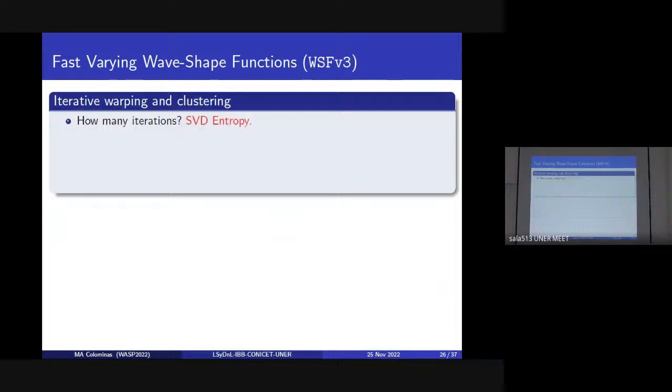The SVD entropy is just the classical Shannon entropy formula applied to the normalized singular values of the decomposition of a matrix in which every row is a segment. This is an old idea, maybe 20 years old, from a researcher called Alter.